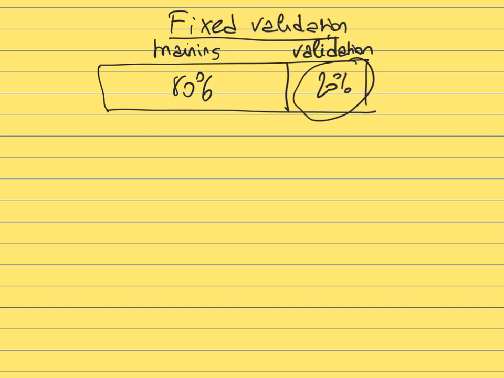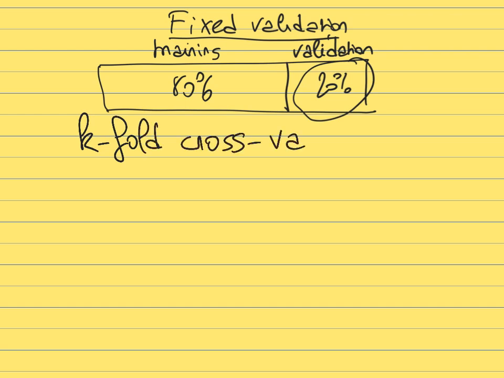So one way to avoid this degree of arbitrariness in how you select your validation set, and the fact that you might get different results based on different repetitions with different validation sets, is to use what we call k-fold cross-validation.